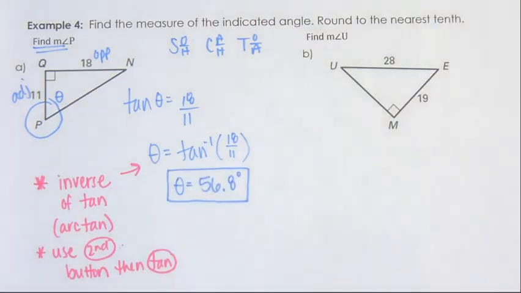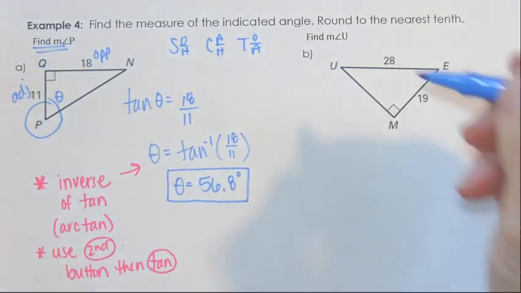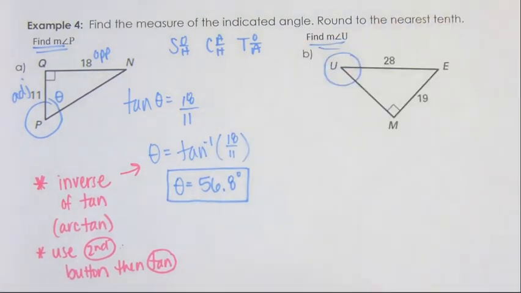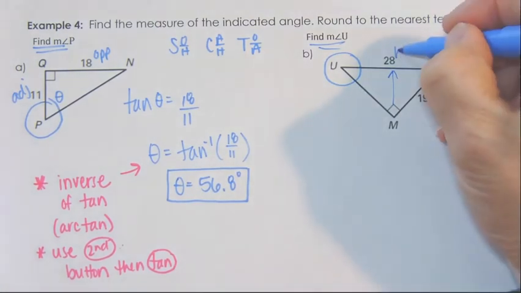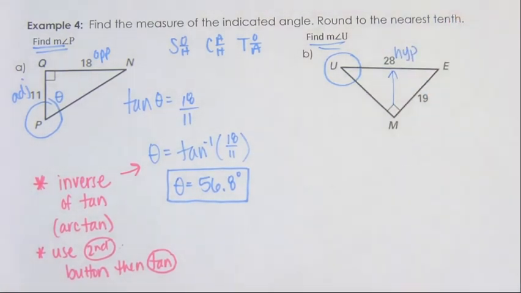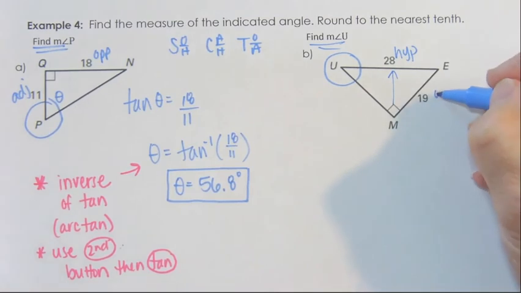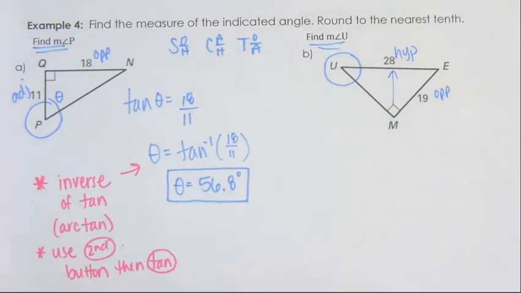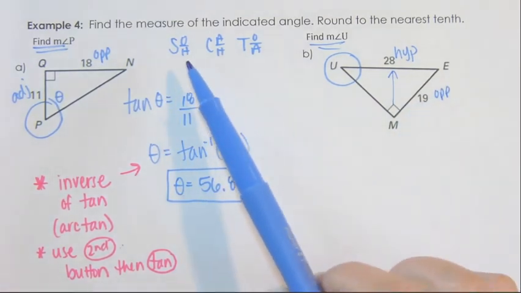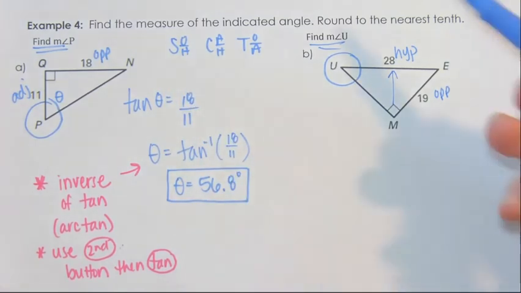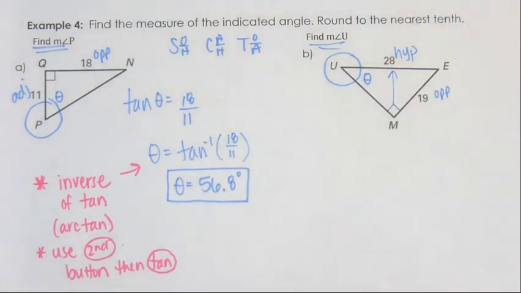All right, let's try another one. In the next one, we're looking for angle U. So I'm going to label the 28 and the 19. Notice 28 is across from that right angle, so that's actually the hypotenuse. And the 19 is opposite from the given angle. So opposite and hypotenuse uses sine. My missing angle we're going to call theta.